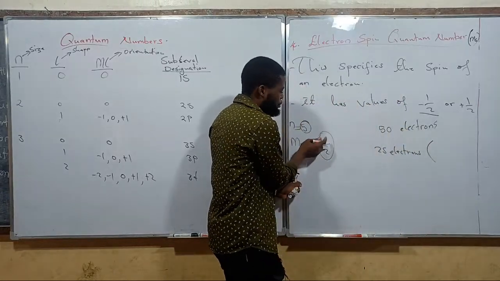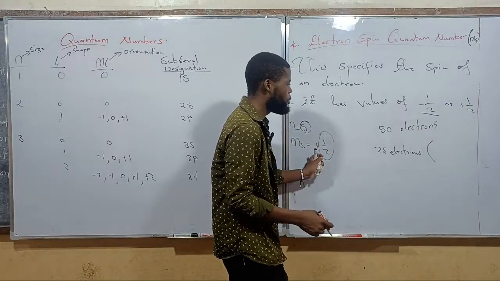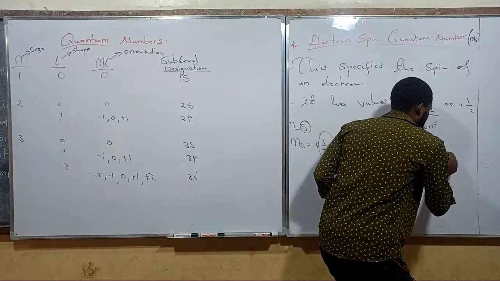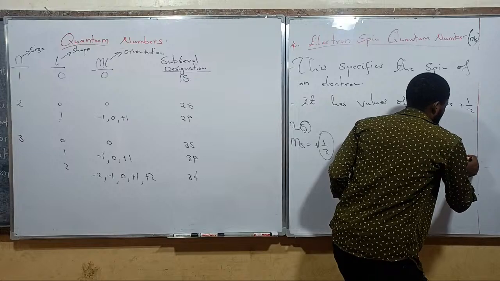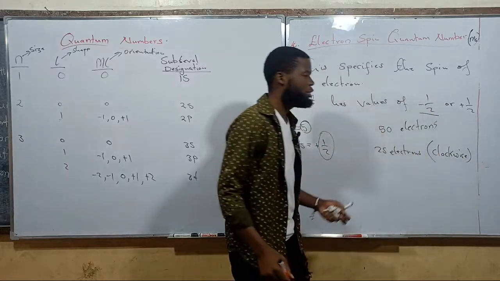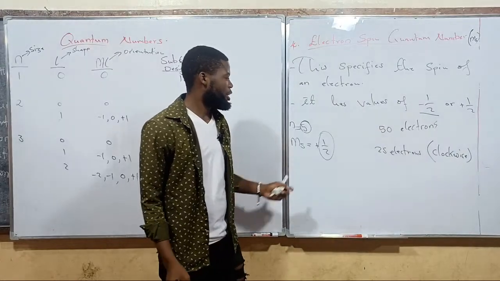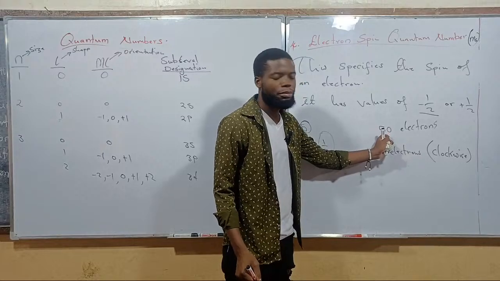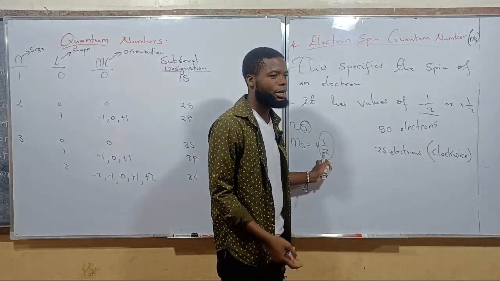If you see +half, meaning those electrons are spinning clockwise, or rather upwards. So half of those electrons will be spinning clockwise. Okay, so I'll show you how to calculate or determine the maximum number of electrons the following principal quantum numbers can hold.